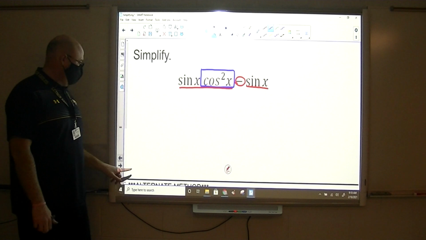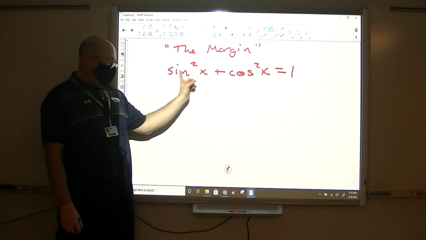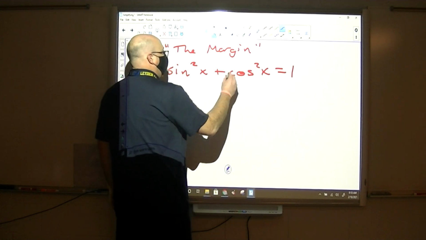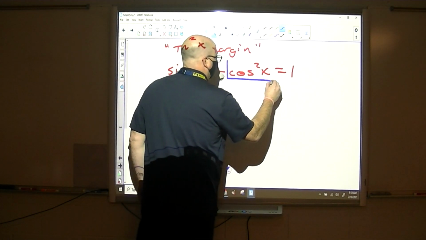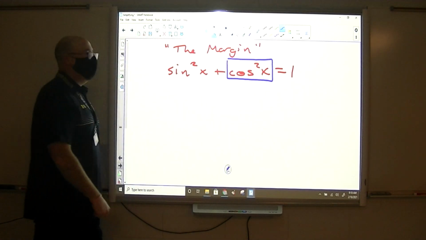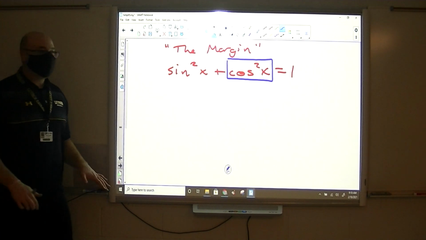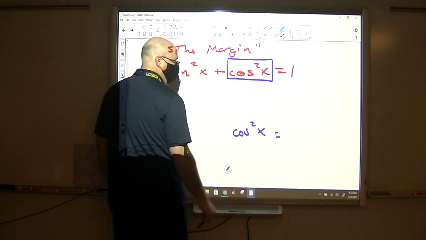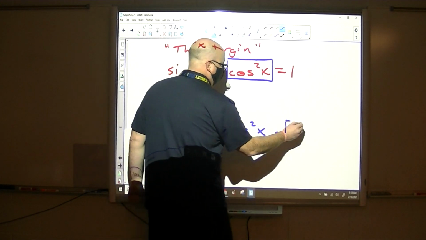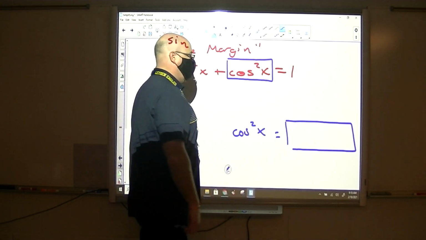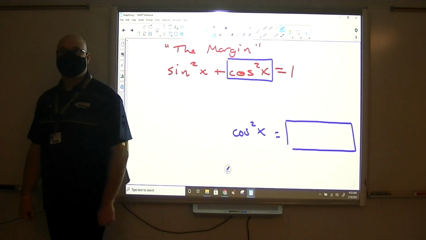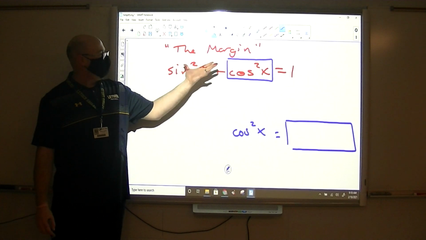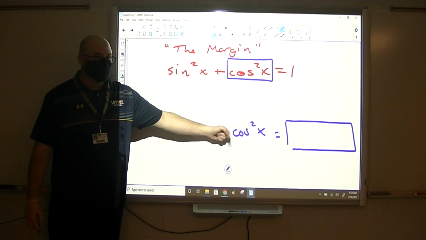So what I want is I want to take this and I want to isolate that. I want a statement that says cosine squared x equals, and then whatever I can get it equal to, I'm going to put that in its place. So how can I isolate this? How can I get this statement to just say cosine squared x?